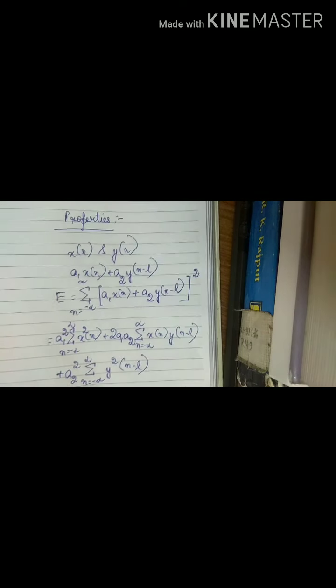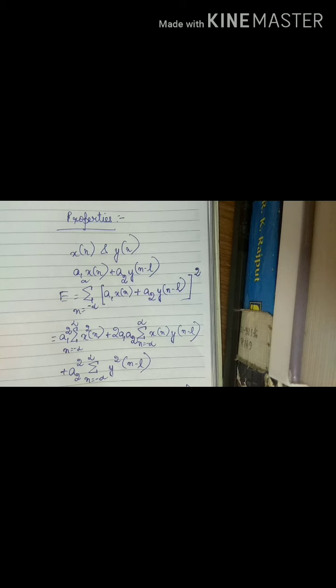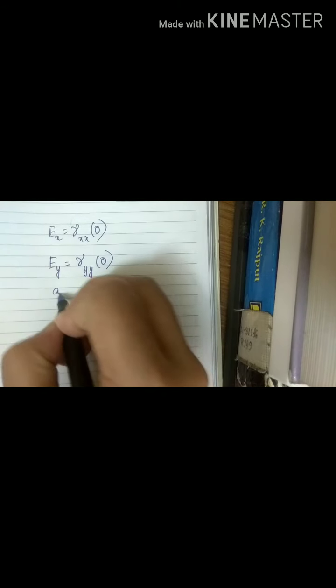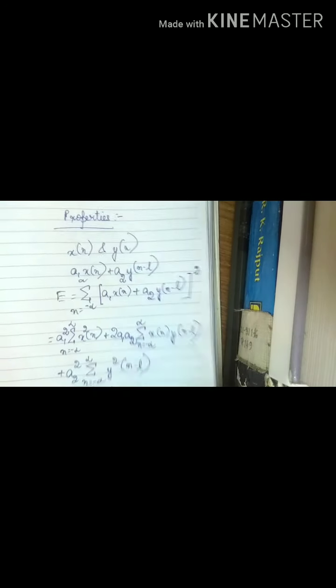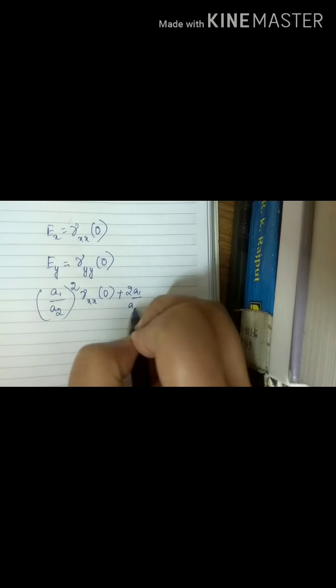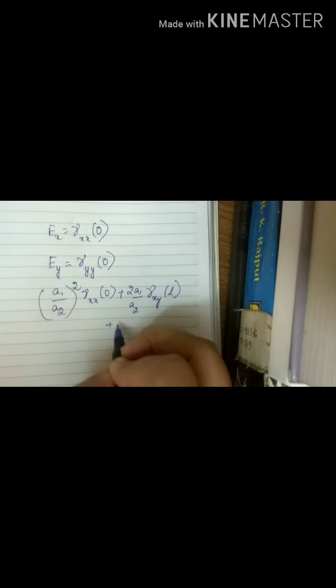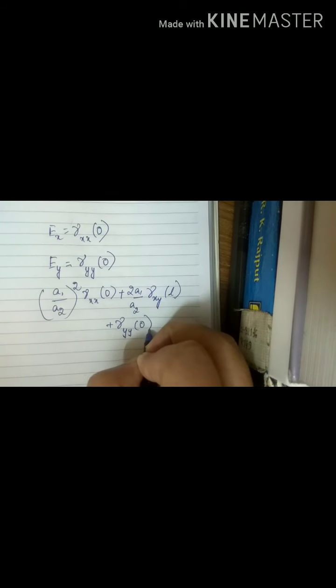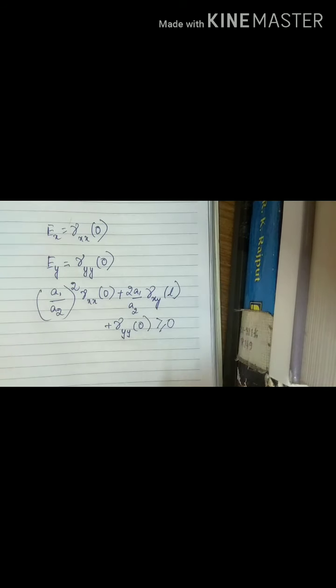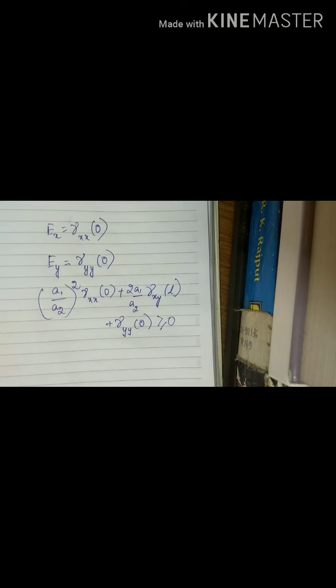In this last equation, if we divide the entire equation by a2 square, we can write it as (a1 by a2) square multiplied with gamma xx(0), plus twice a1 divided by a2 gamma xy(L), plus gamma yy(0), and this entire expression as per the last equation is greater than or equal to 0.